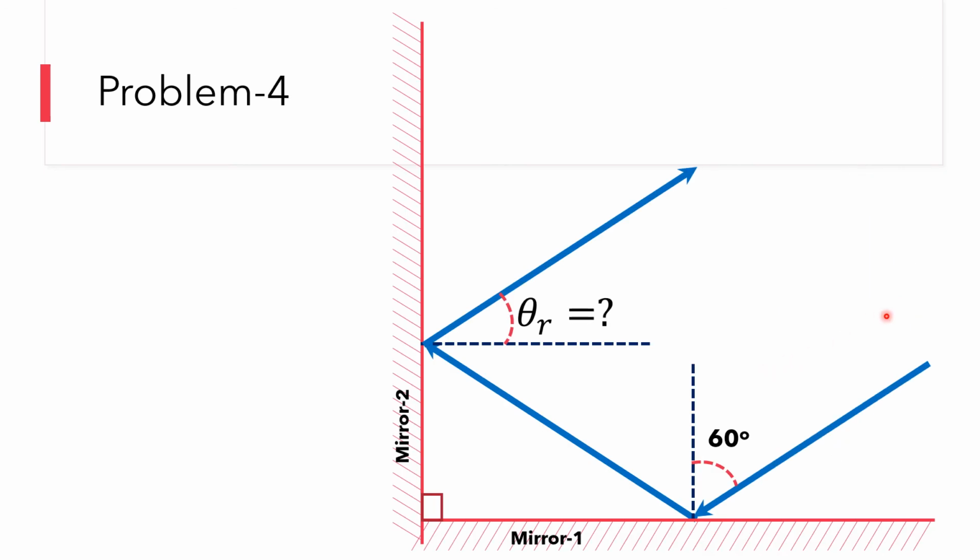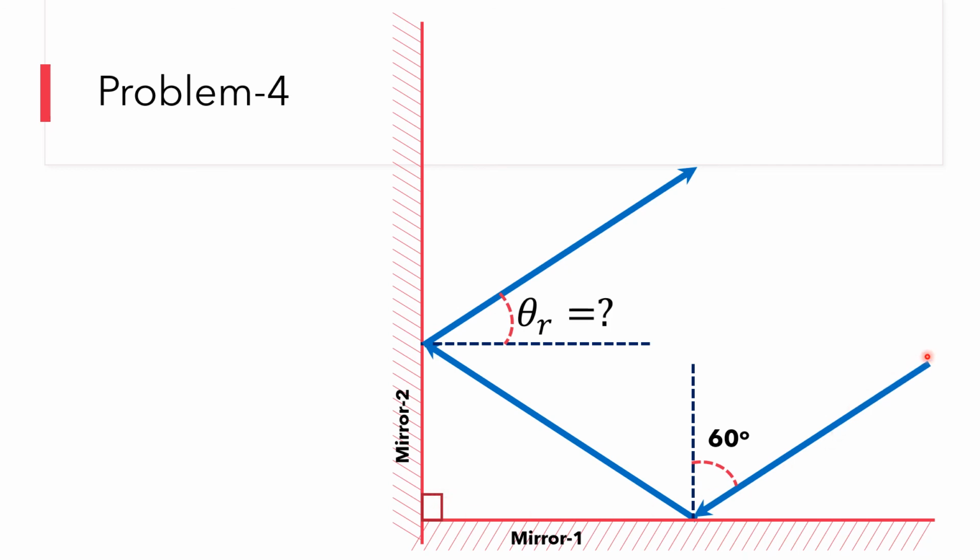Let's do the last problem. So far we have done the problems without using pen and paper. Such simple problems we are doing. Of course the last problem is also simple. Let's try. In this problem, two mirrors are given, mirror 1 and mirror 2, and they are kept perpendicular to each other, 90 degrees to each other.